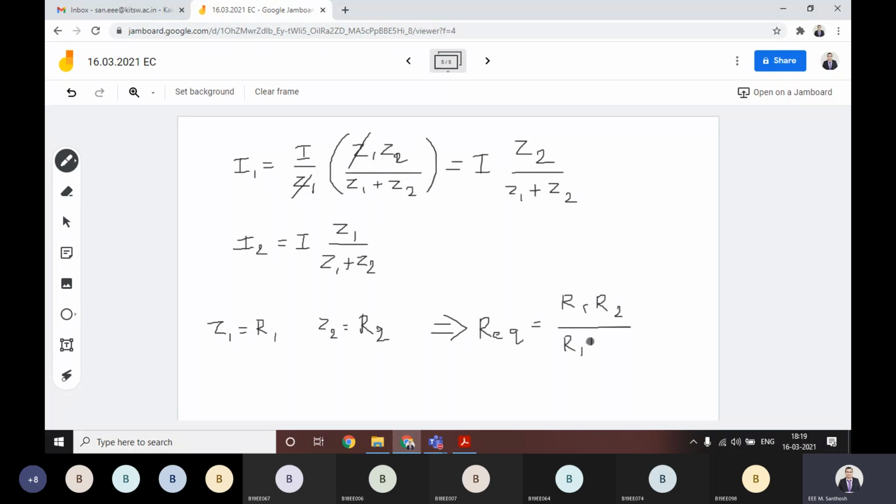Then if you have inductance in the place of this resistance, suppose inductances of the value XL1 and XL2, then what is the value of L equivalent?